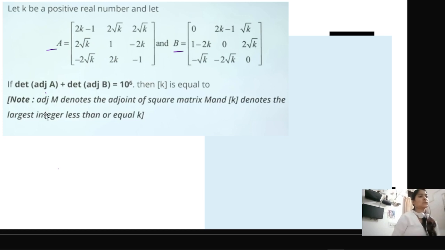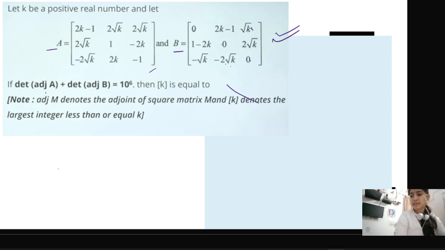Okay, so what we can do, we can see this is the skew symmetric matrix, right? See, 0, 0, 0, and here this is the negative of this, and this is the negative of this, and here this is the negative of this. So we know that the determinant of a skew symmetric matrix is always 0, right?